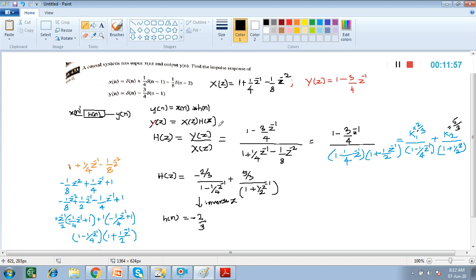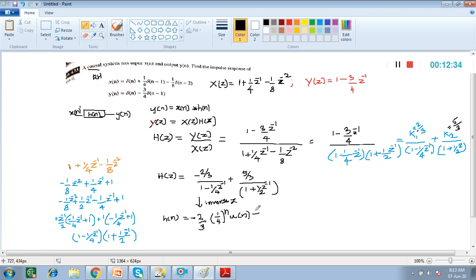So 1 divided by 1 minus 1 by 4 into z raised to minus 1 can be written as 1 by 4 raised to n into u of n, because it is right-handed. We need to remember that causal indicates a right-handed system.